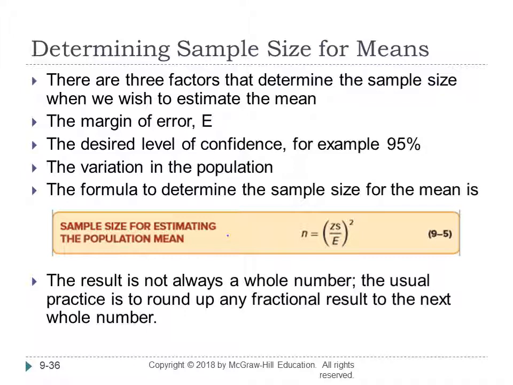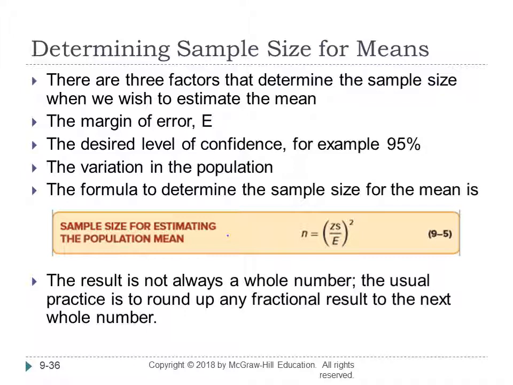The formula to determine the sample size for the mean, and of course you have to round this number. This is the sample size for estimating the population mean. N is equal to Z times S over E, everything squared. Z, as usual, will be the Z value for the confidence level that we need.